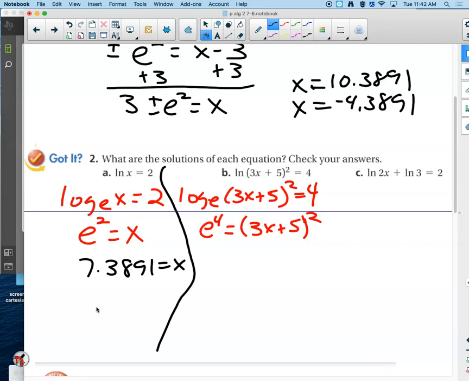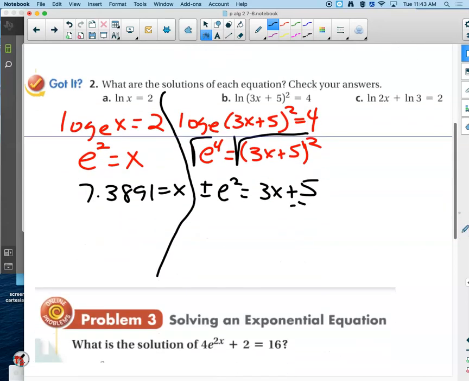So what do you think we should do next? Yeah, definitely. They're both even. Let's get it down to where it's workable. So plus or minus e squared equals 3x plus 5. Well, now it just looks like algebra. So what do we do next? What else?